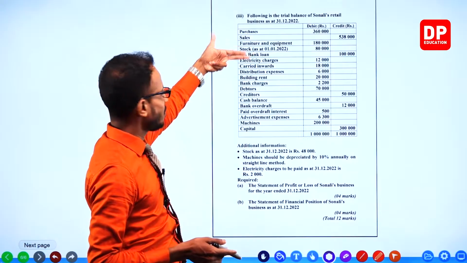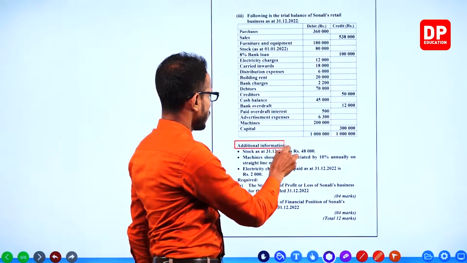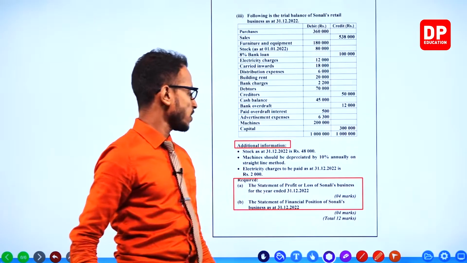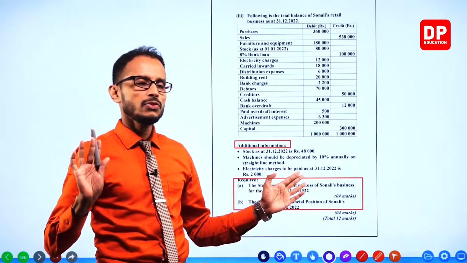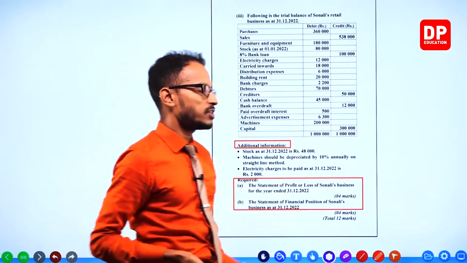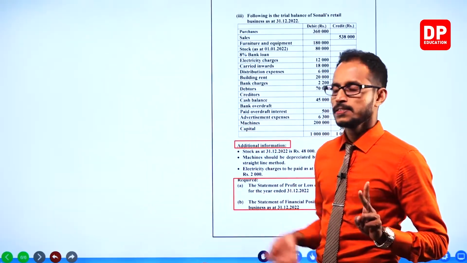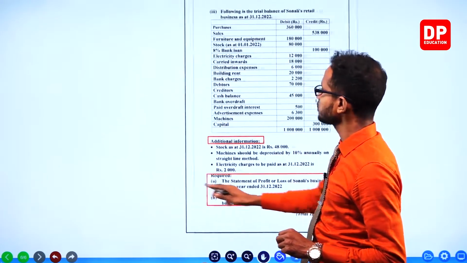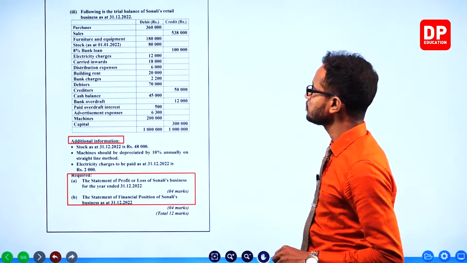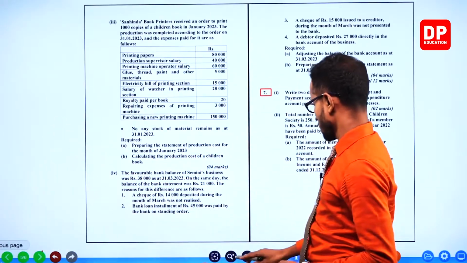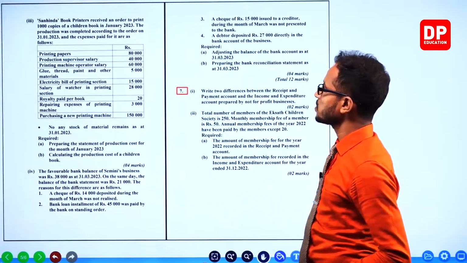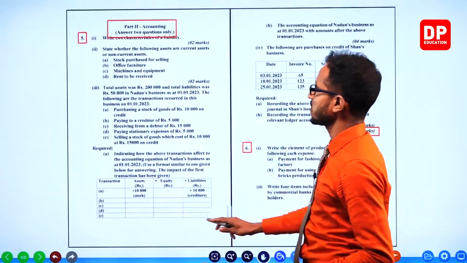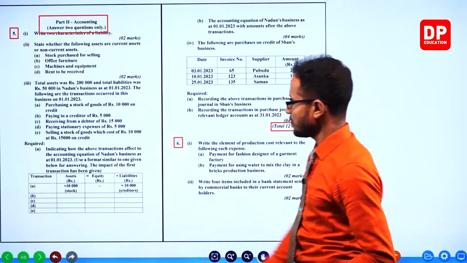With the trial balance and additional information, you're going to prepare the statement of profit or loss and statement of financial position. Choose it if you can do it confidently, or you can choose the other questions. Okay, any 2. Question numbers 5, 6 and 7. Choose only 2 out of those 3.